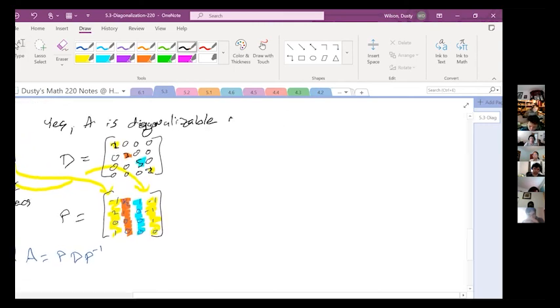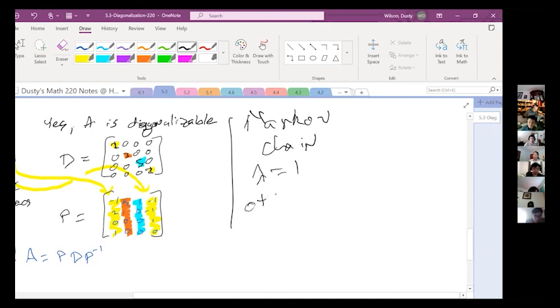In the Markov chain world, you ended up with lambda equals 1, and then you ended up with other lambdas being less than 1. They were between 0 and 1. So you had some D that was equal to like 1, and then you had 0 point something, 0 point something, dot, dot, dot, 0 point something.